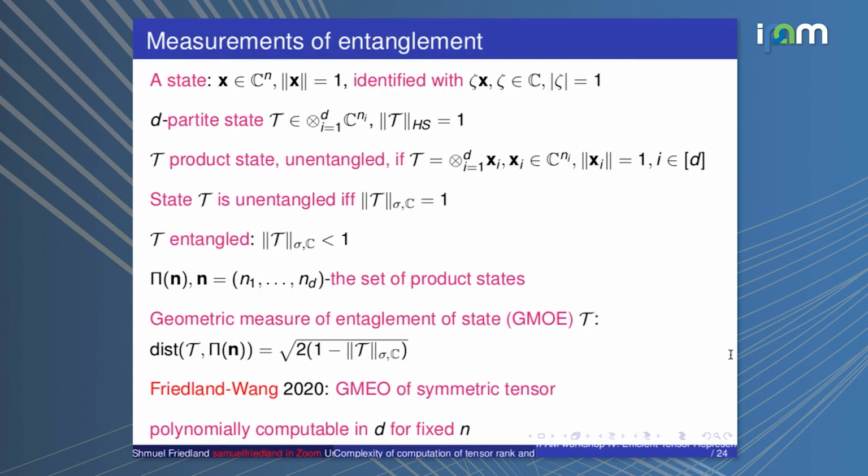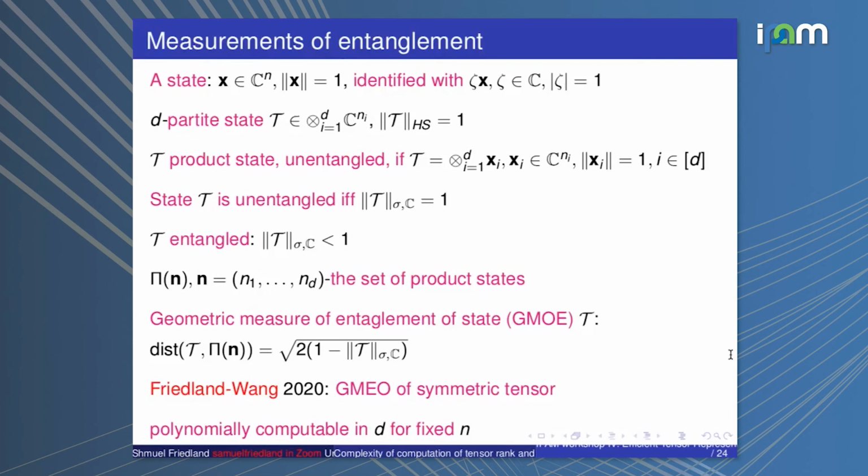A state in physics is a vector of length 1, and a d-partite state is a d-mode tensor whose Hilbert-Schmidt norm is 1. If it's a product state, then it's untangled. Otherwise, it's called entangled, and this means that its spectral norm over C is less than 1. If we denote by Pi_n the set of product states, then the geometric measure of entanglement in physics is just the distance of tau to this variety, the Segre variety.